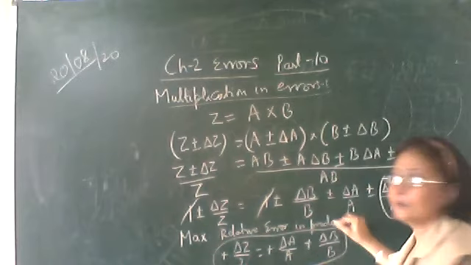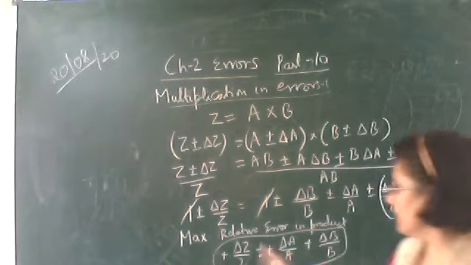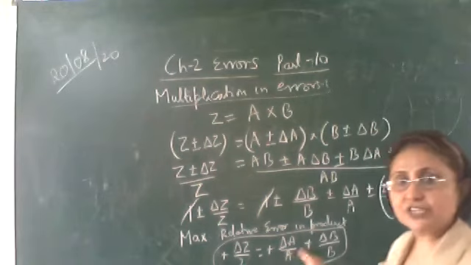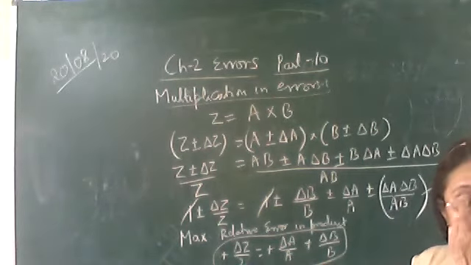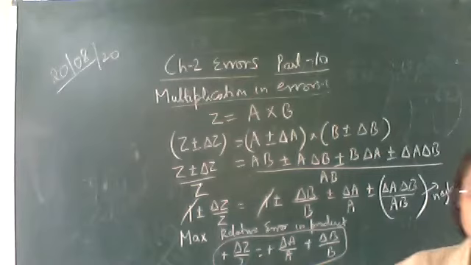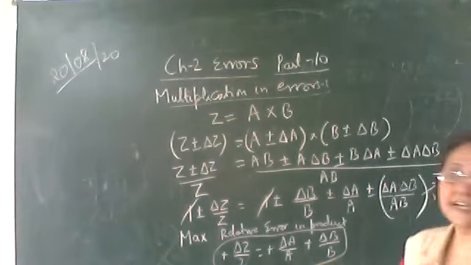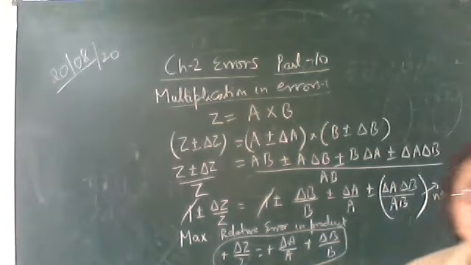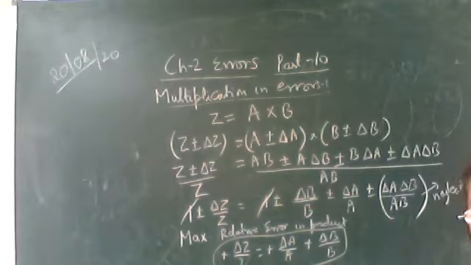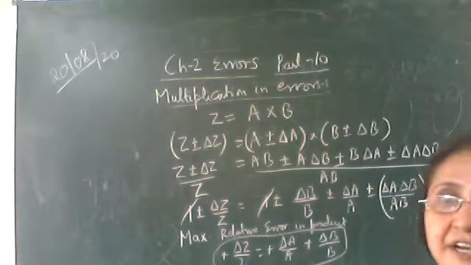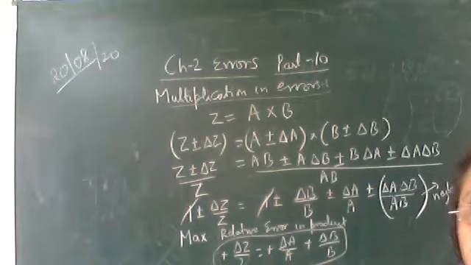So what do you get? The relative error in the product is equal to the sum of the relative errors in individual measurements. So in multiplication, we find the maximum relative error, and it is the sum of the relative errors in individual measurements.